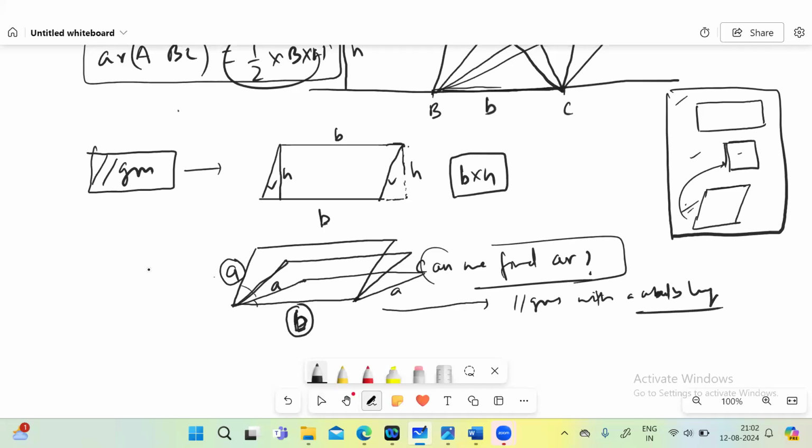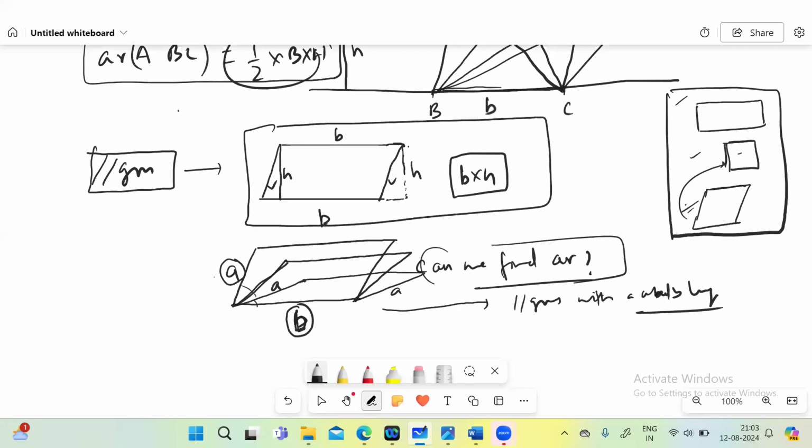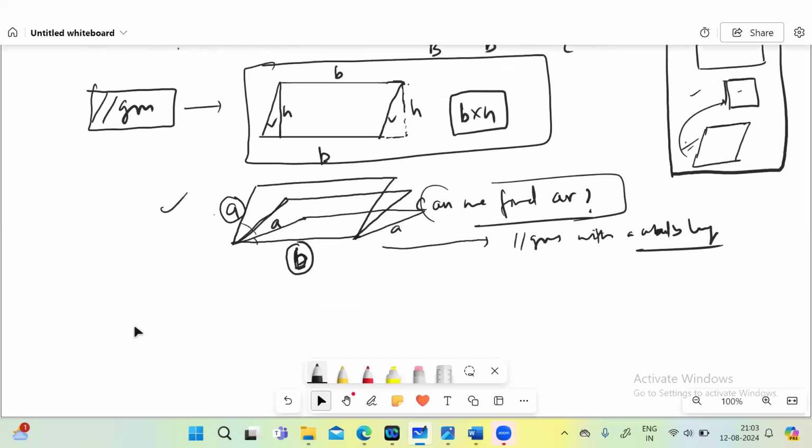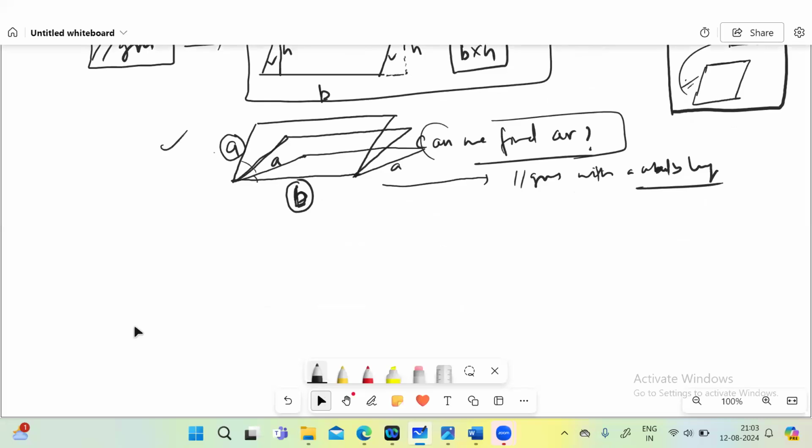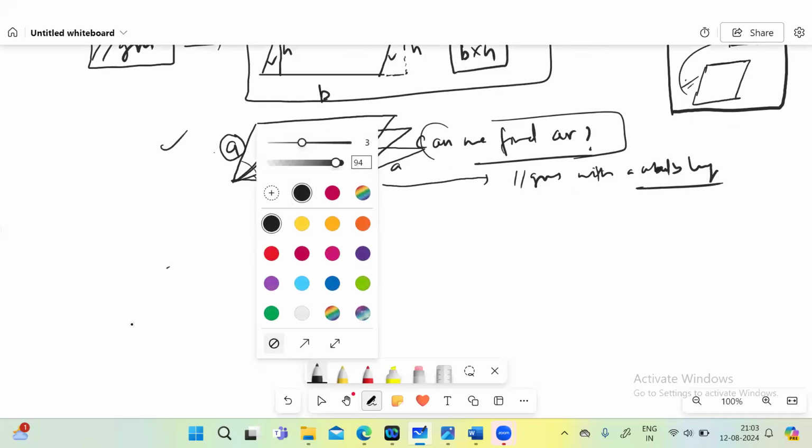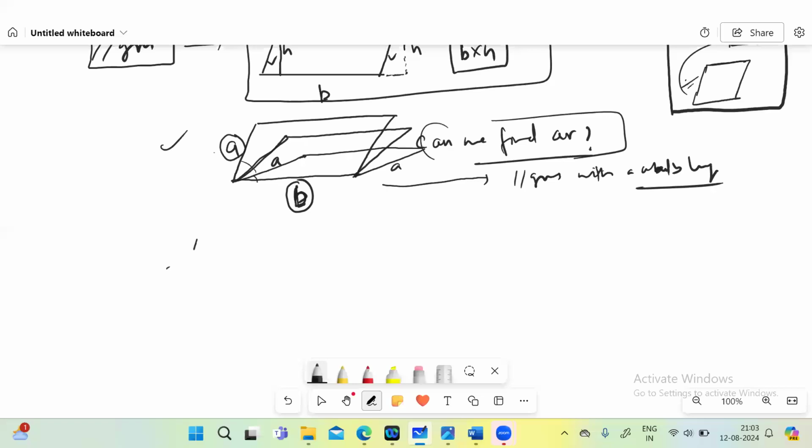So why are we talking about this? Because most of the time you will be using this only to calculate the area of a parallelogram. But for CAT, or maybe in any exam, they may ask, because these are very basic things. So if they are giving you something like, in a DS question, the lengths A and B are there, and you have also been given the measure of the angle, like this is 70 degrees.